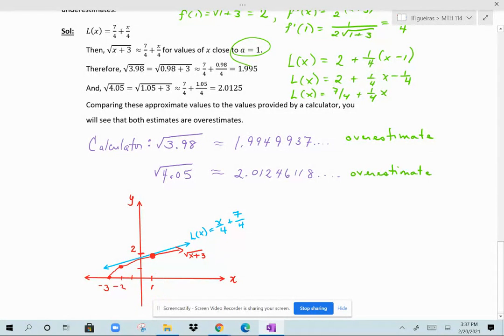And so the line is slightly above the curve, but when I'm close to that value, like here when I plugged in 0.98, that's close to 1. That's why I got a value that was close to the actual value. And when I plugged in 1.05, that's also close to 1. And so we got very close approximations.